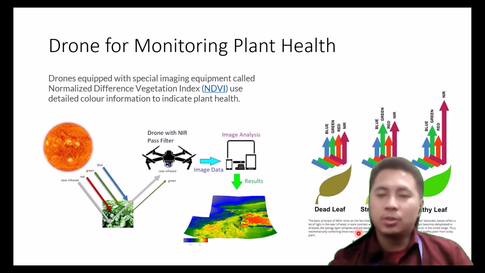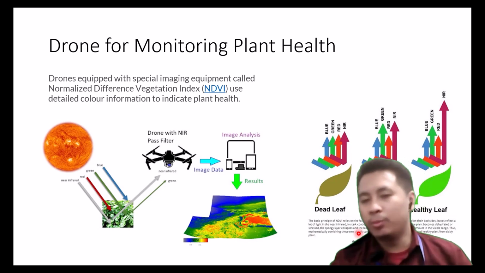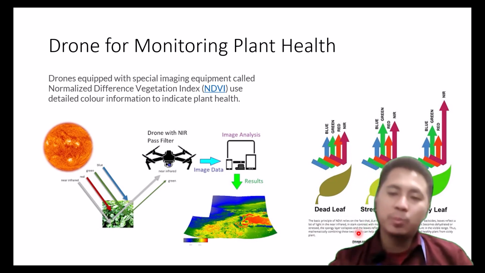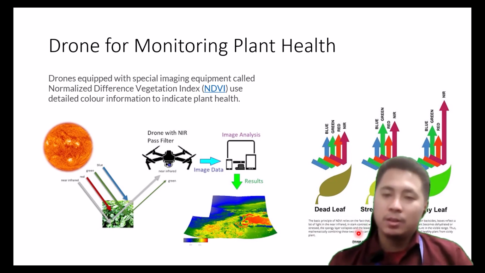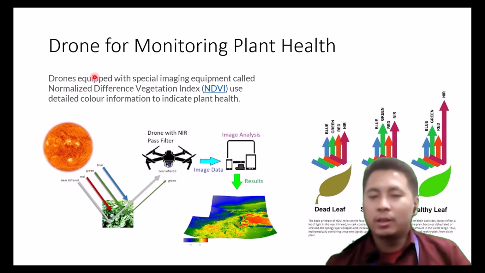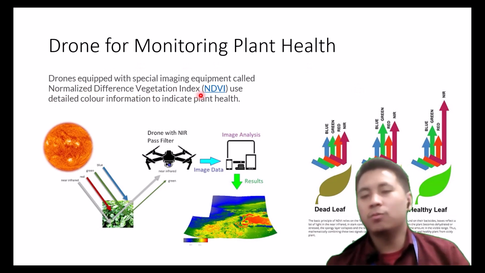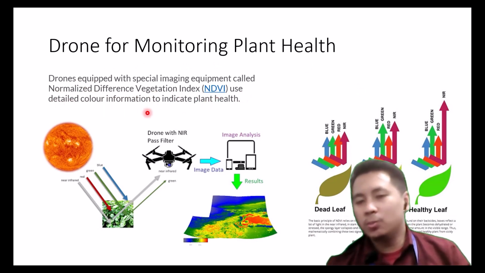And next is a drone for monitoring plant health. Drones are equipped with special imaging equipment called multispectral imaging. We can get the NDVI, normalized difference vegetation index, from the drone, because we use detailed color information to assess plant health.